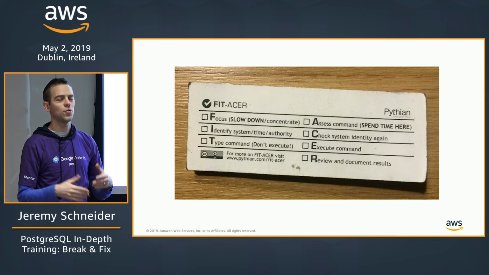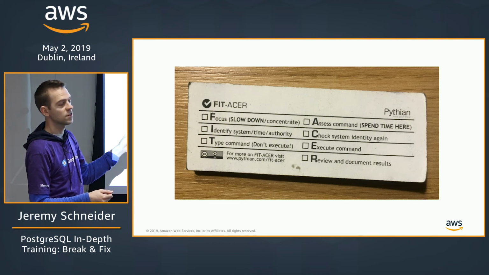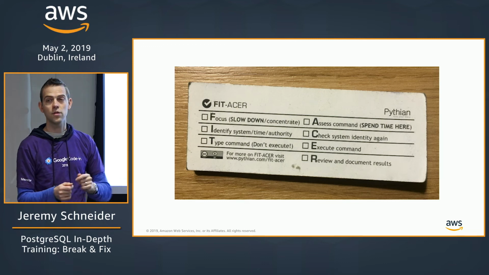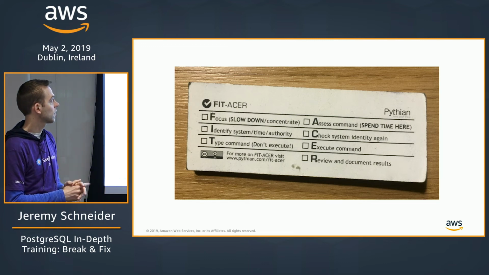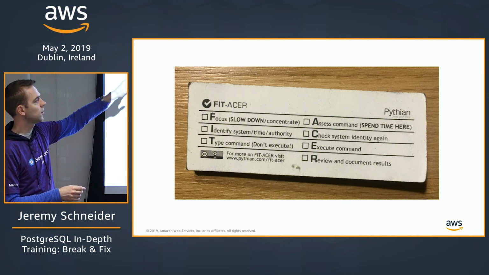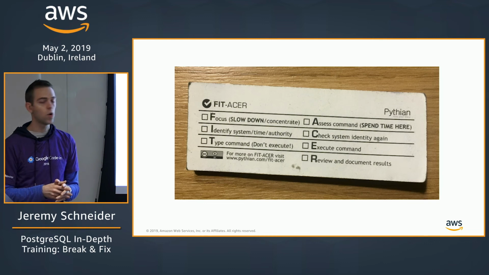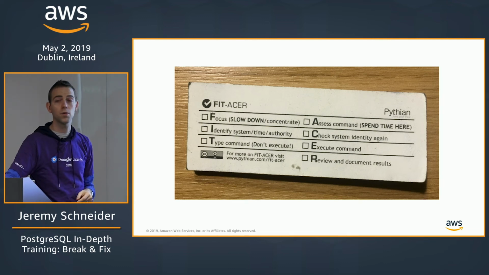This just reinforces what I've been saying: if you get into a crisis, when you see a corruption or you have an outage, the first thing you do is slow down and focus. And I like this checklist. It walks through the things that you should do, like having a second pair of eyes look over your shoulder before you press the enter key on any really critical command.